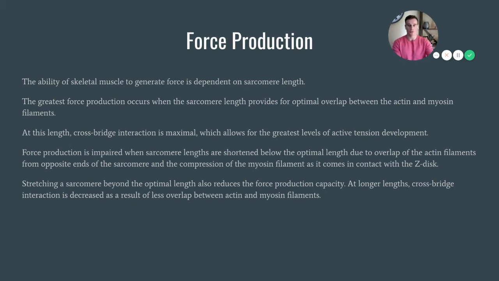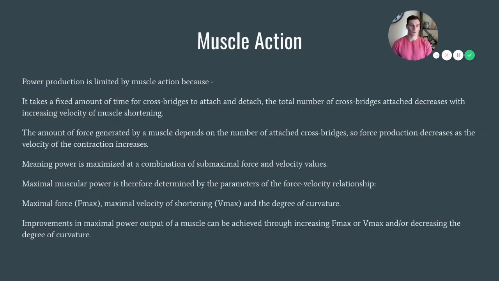So, like I say, at the optimal overlap between actin and myosin filaments, cross bridge interaction is maximal, which allows for the greatest levels of tension development, which is what we need to produce maximal force. Force production is impaired when sarcomere lengths are shortened below the optimal length, due to the overlap of actin filaments from opposite ends of the sarcomere and the compression of myosin filaments when they come in contact with a Z disc.